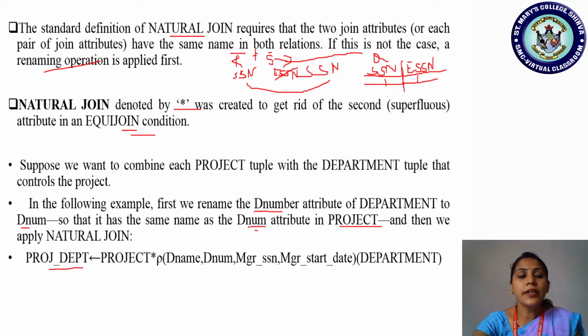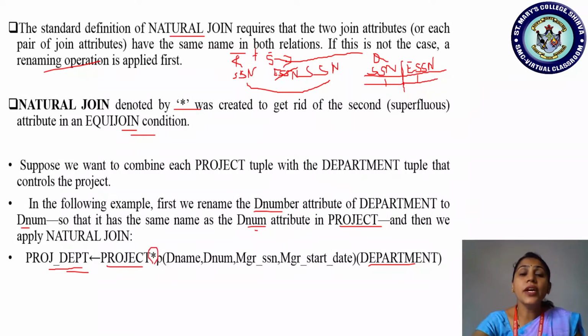This is the resultant relation name, Project_Department. This is a resultant relation. So how are we applying the natural join? We are applying it on two relations, one is project and another one is department. See the syntax here, the way it is included. So project and department, for two relations we are applying natural join. Just check out here the asterisk symbol, natural join.